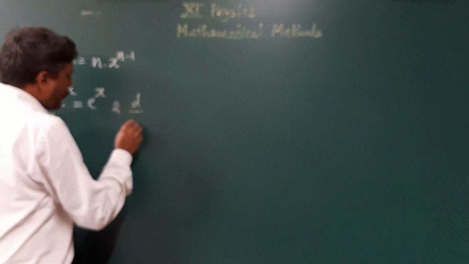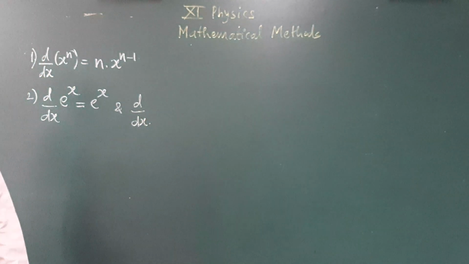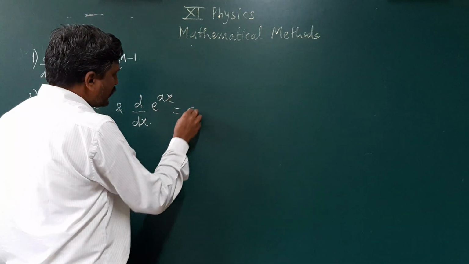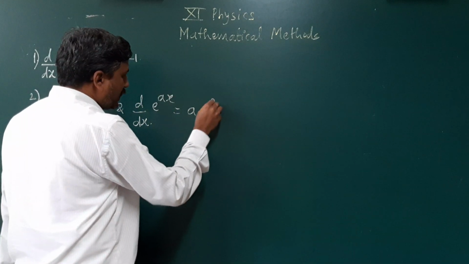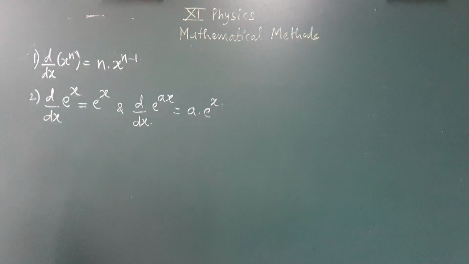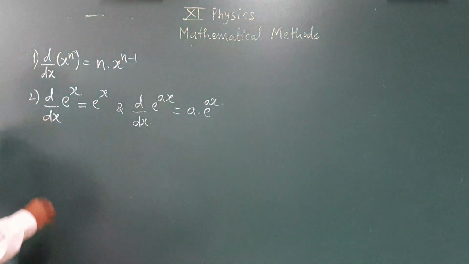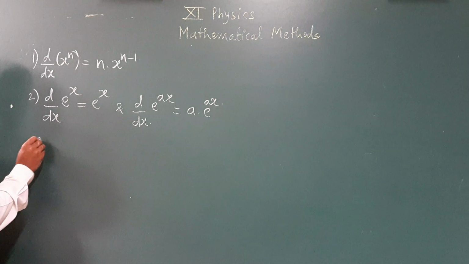And with that there is one more rule. d by dx of e raised to ax equals a as it is into e raised to ax. This is the next. Very rarely do we use this.